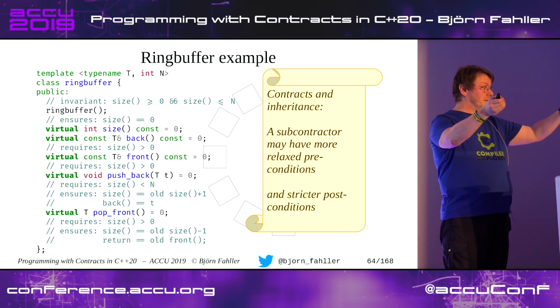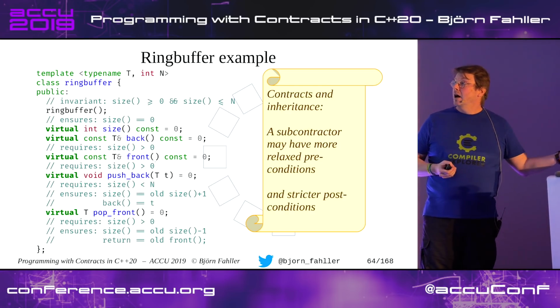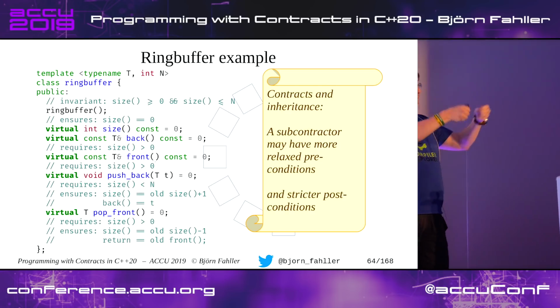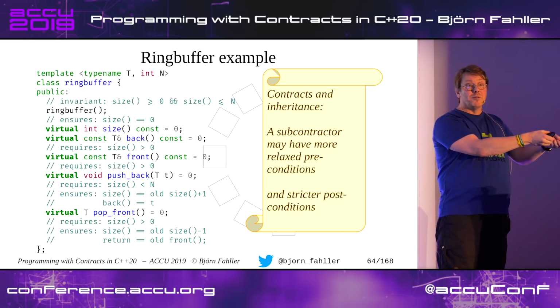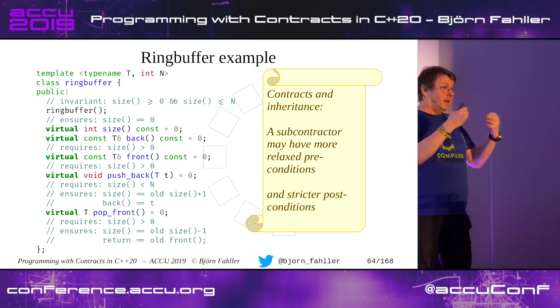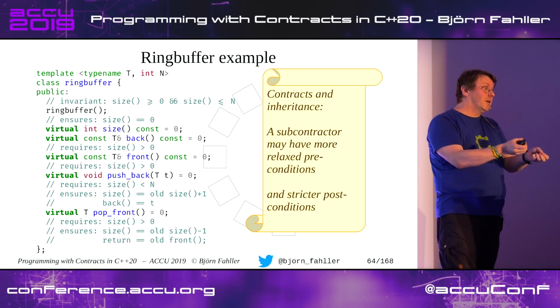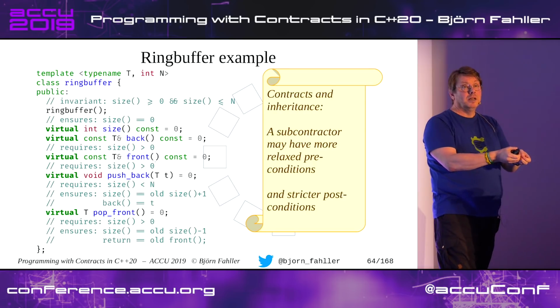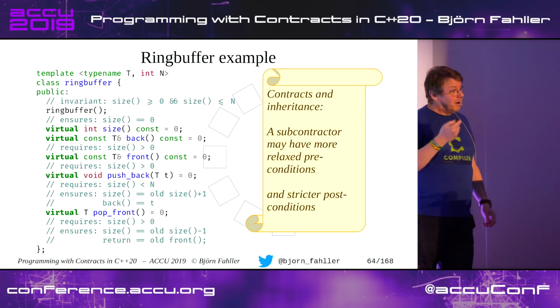But someone who is calling via this interface is still fine, because a wider precondition is within the contract rules of the base class, and vice versa for the return values. If the postconditions are stricter, then it's okay, they're all within the rules. So we're fine.